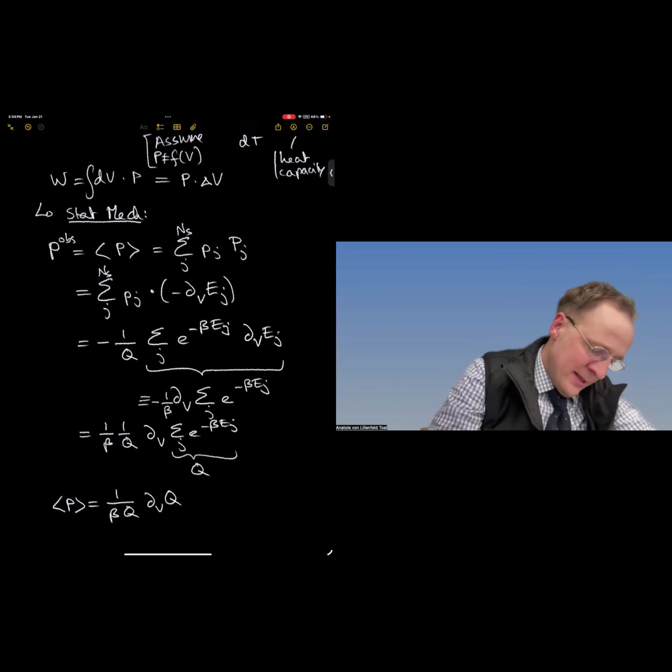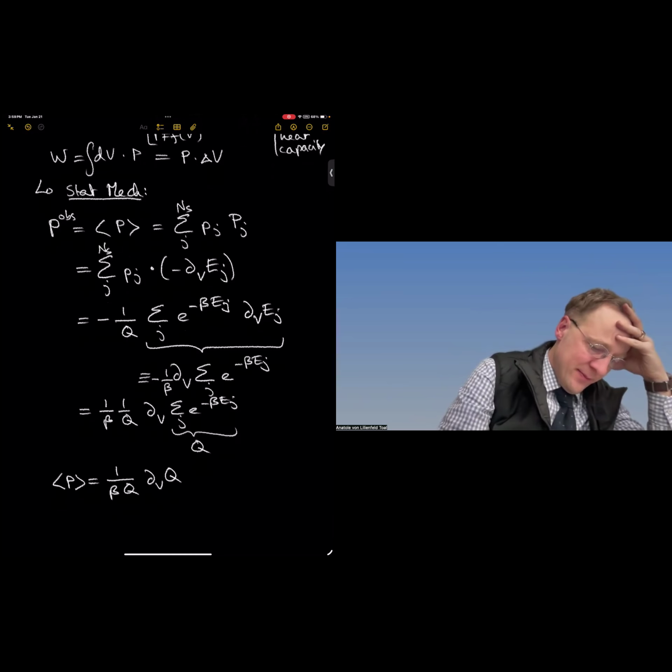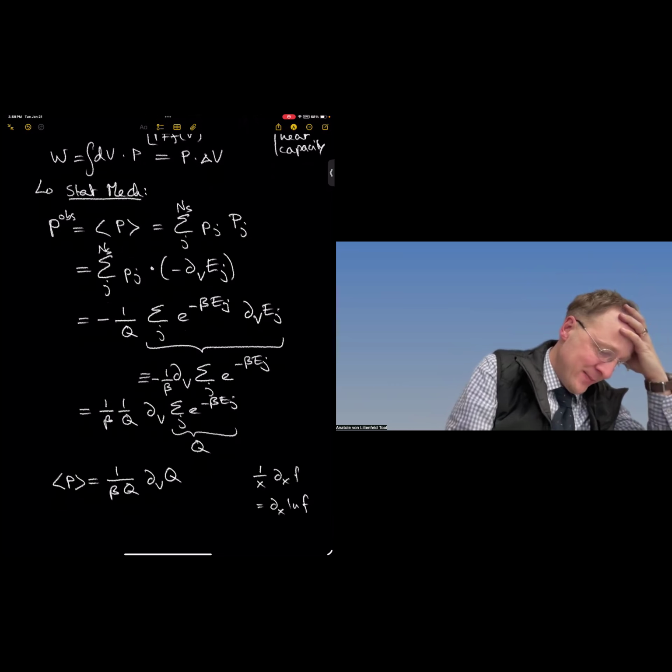Now, if I have 1 over x times dx of some function, that's the same as the derivative of the logarithm of the function.